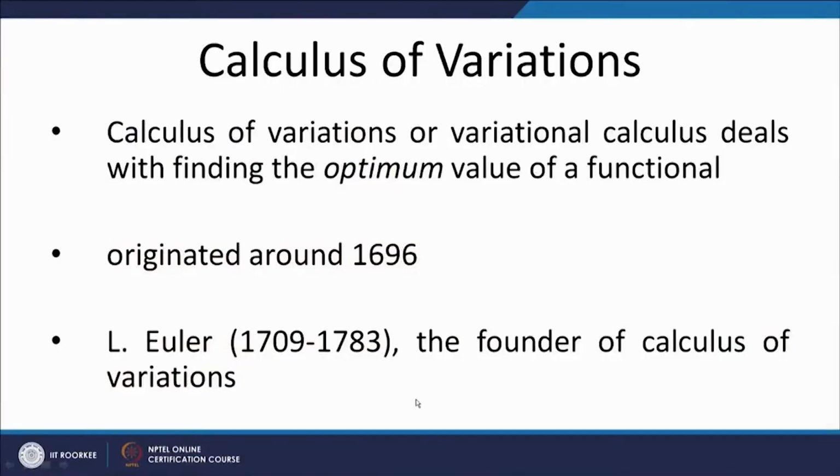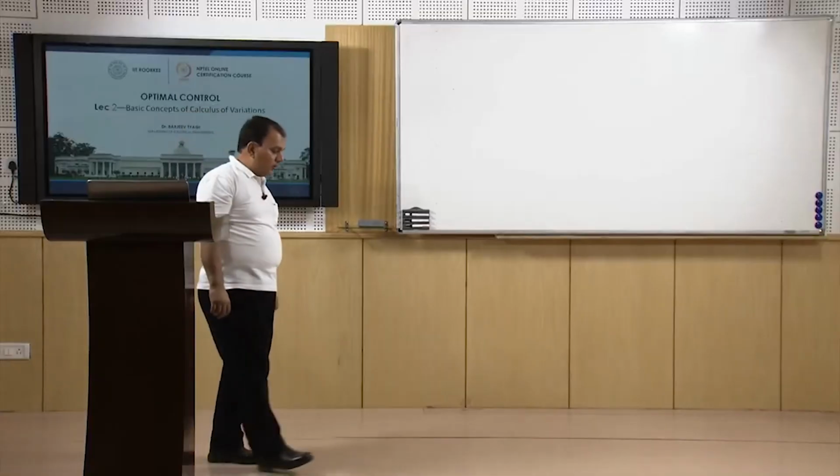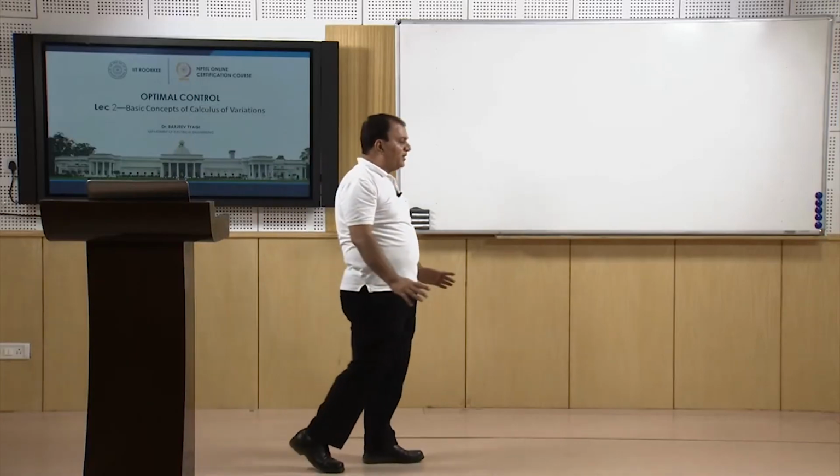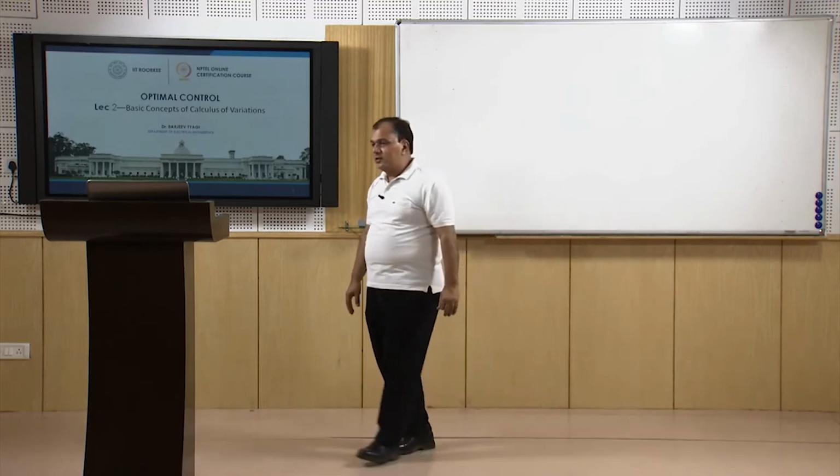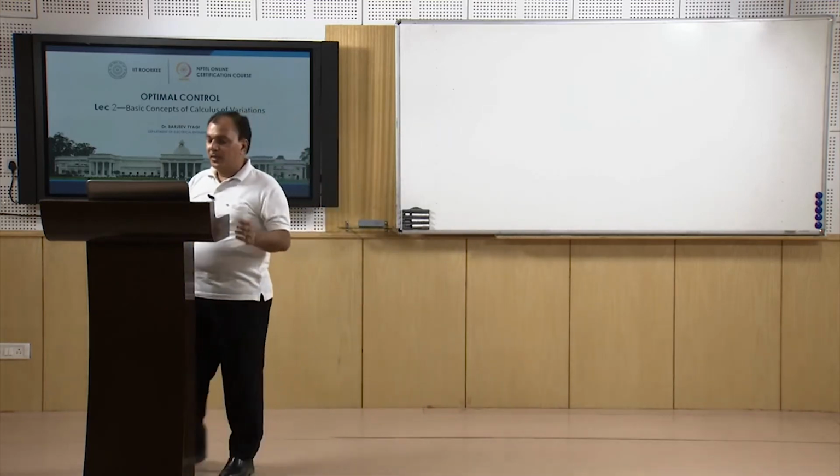It is a very old technique, originated around 1696. L. Euler was the founder of this calculus of variations, and till today we are using the Euler equation to solve the variational problem. First we will discuss a few basic concepts and definitions of the calculus of variations before coming to the minimization problem.